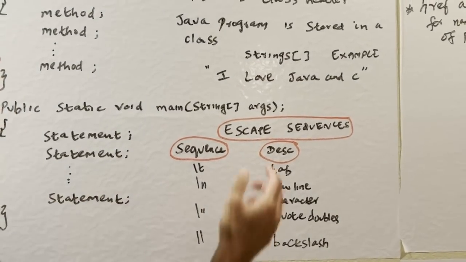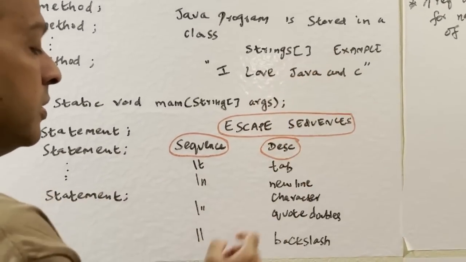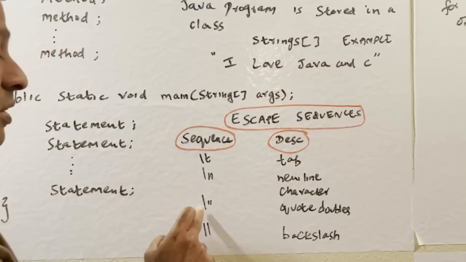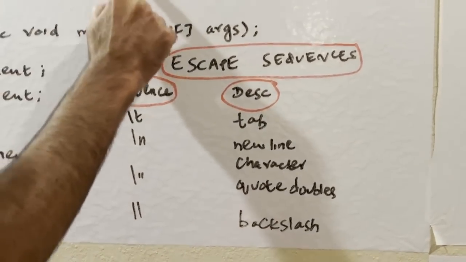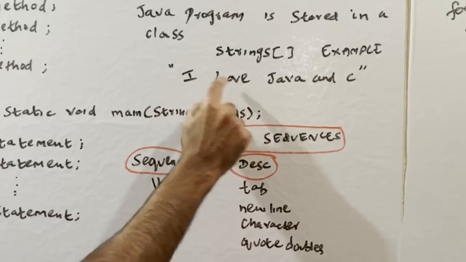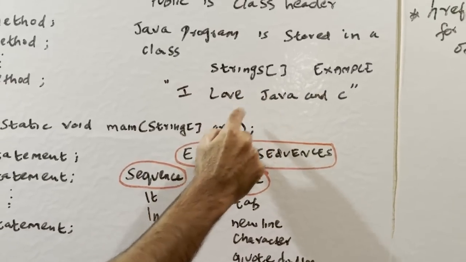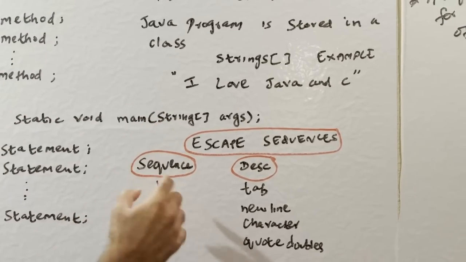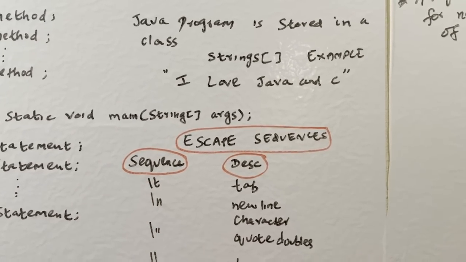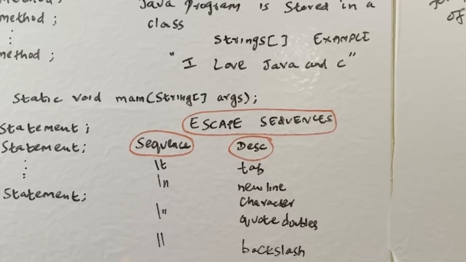To tell Java that I want to put the quotes here, you have to use this convention, called an escape sequence. When the compiler comes and prints this, it will see a double quote here, then it will escape. Remember that it's an escape sequence, not a normal sequence. So these are the common escape sequences available for the programmer.